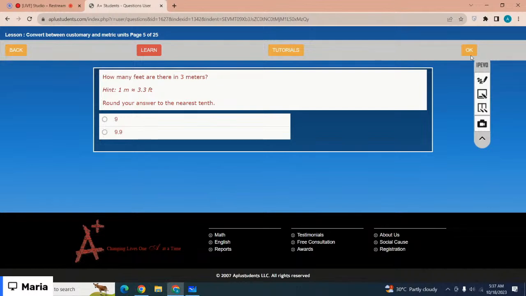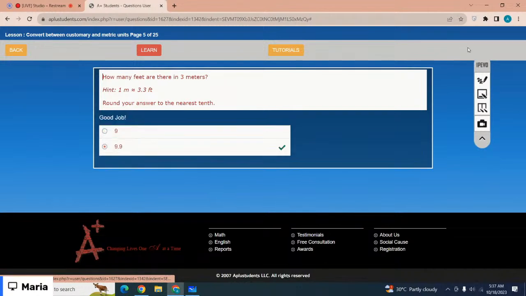How many feet are there in 3 meters? 1 meter equals 3.3 feet. So which is the correct option? Yes, that would be 9.9. The correct option is 9.9. Very good.